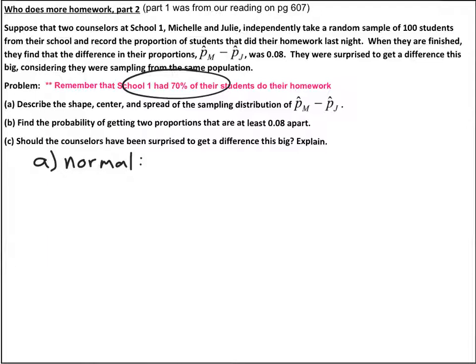And we're assuming, we'll get to this when we do H0 and HA, when we actually do the normal CDF calculation, that the homework turn-in rate is 70%.